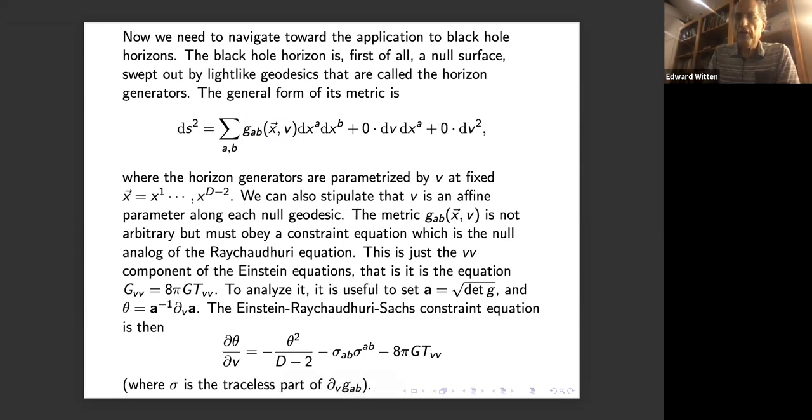Only one of the 10 Einstein equations is a constraint that only involves the initial data in the null plane. And that's the vv component of Einstein's equations. The G_vv, or equivalently R_vv, the Ricci tensor, is 8 pi G times T_vv.